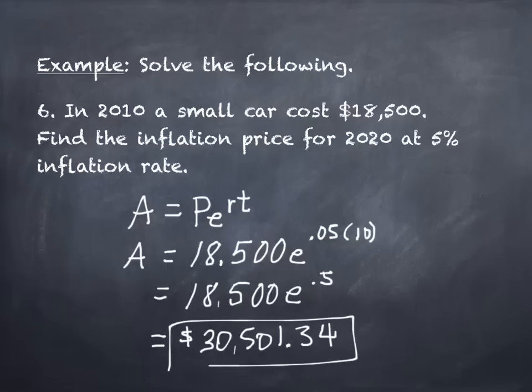Yep. Because we're working with U.S. currency. All right, so that same cost for an $18,500 car into the future, if we had a 5% interest rate 10 years later, the cost for that same kind of vehicle, not the same vehicle, would be $30,000 instead.